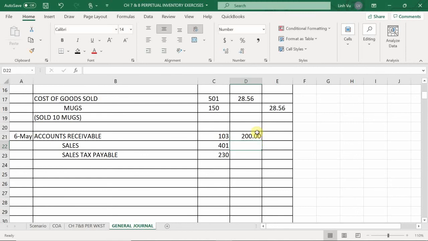Okay, good. Oh, not cash, wrong one. $200.